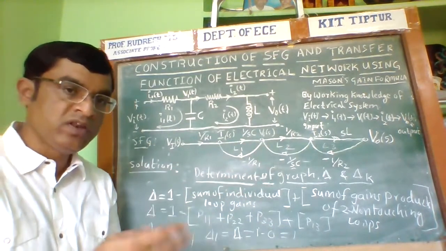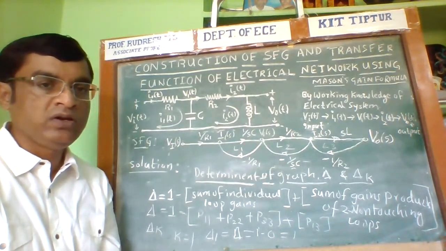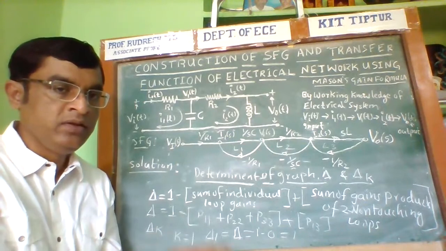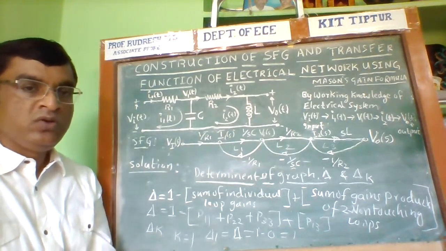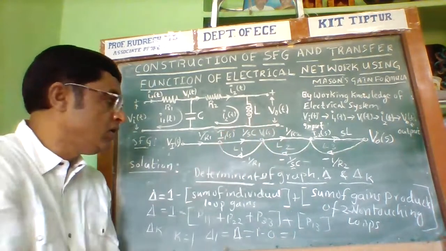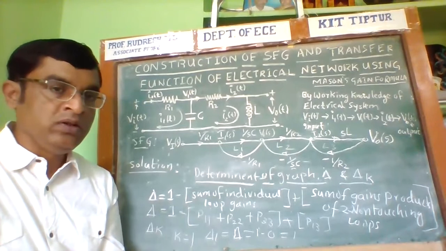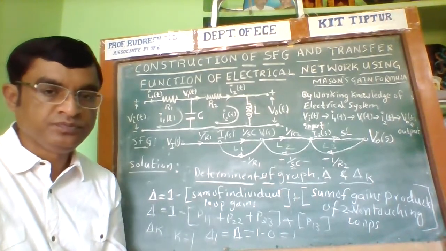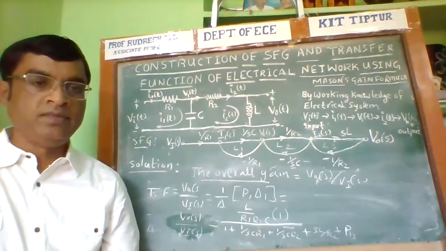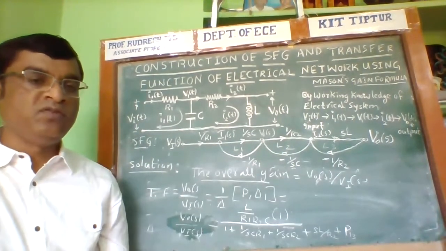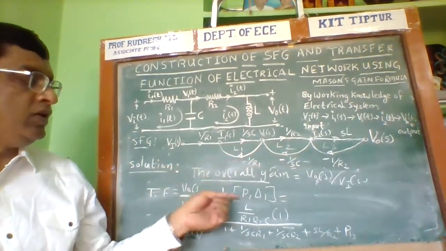Now, in the next step, we go for substituting these values. Delta 1 and P1 we have calculated in earlier steps. By substituting these values, we will get the overall gain V naught of S over VA of S. In this particular step, we calculate the overall gain by substituting the various values.